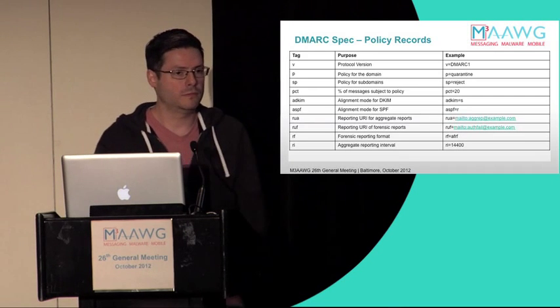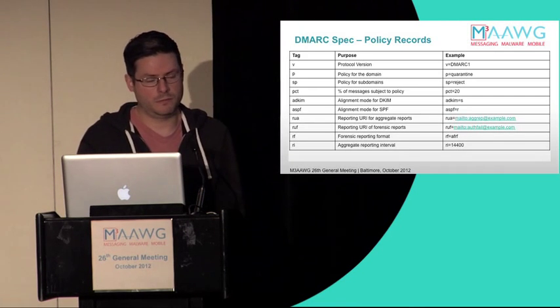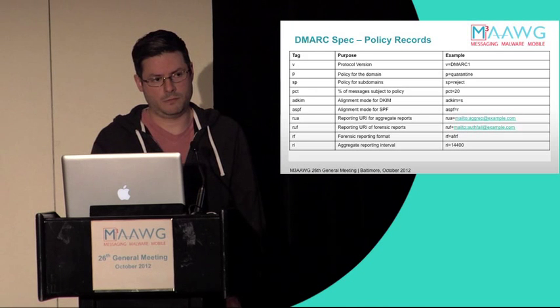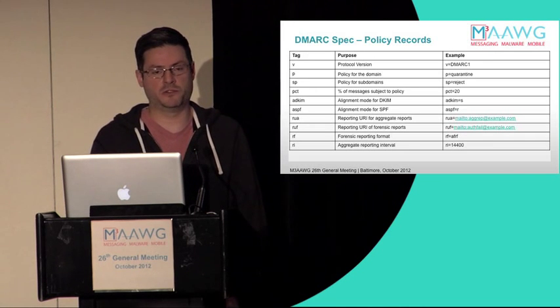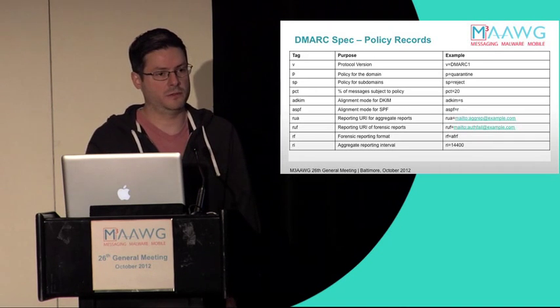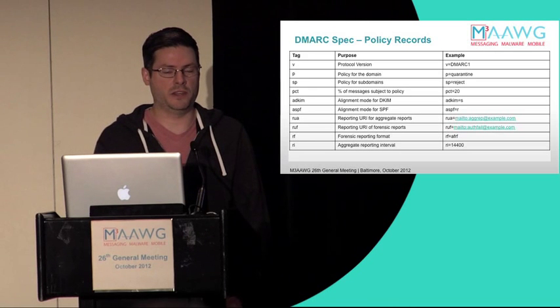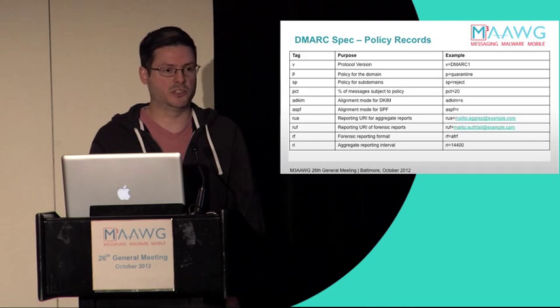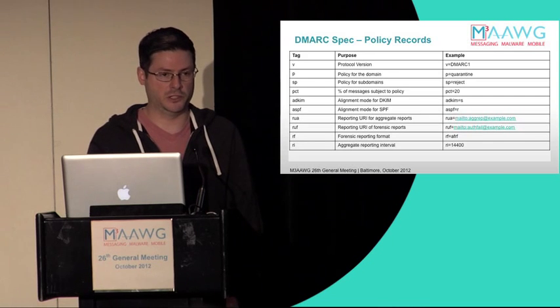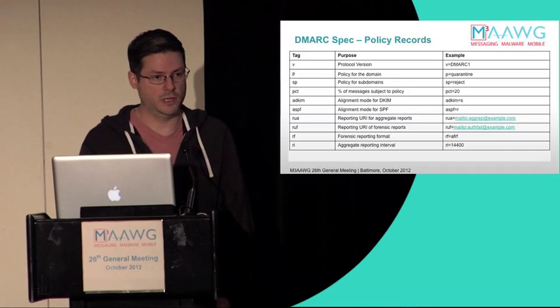But then, can you think of an example for why someone would want to specify strict for DKIM and relaxed for SPF, or vice versa? The example I always come back to for SPF is the bounce domain stuff. Because we're validating the envelope sender, it's common to have bounces.whoeveryouare.com. We don't want you to have to change what you're doing there in order for DMARC to work.